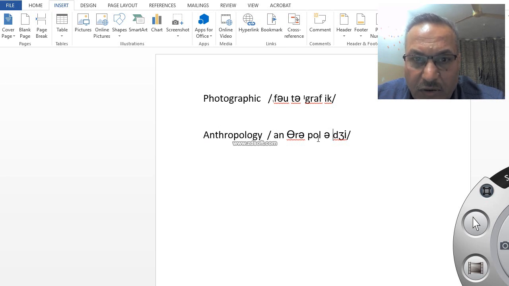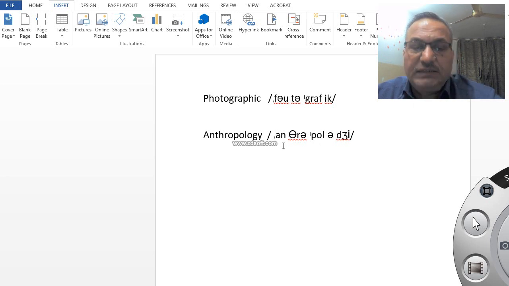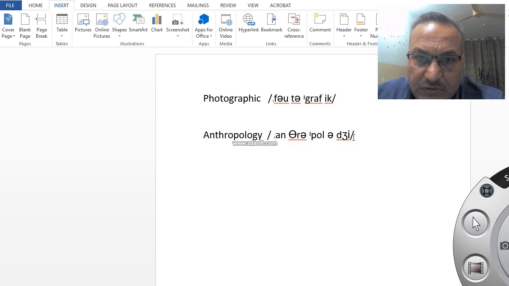The third syllable, pol. So I'm going to put a small vertical line just higher up because it takes the primary stress. While the syllable an takes the secondary stress, and I put what? A small vertical line just under the beginning of the syllable. Good.